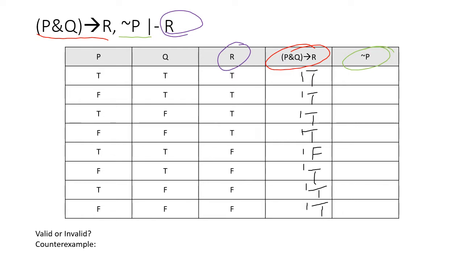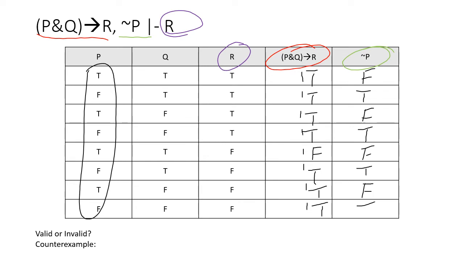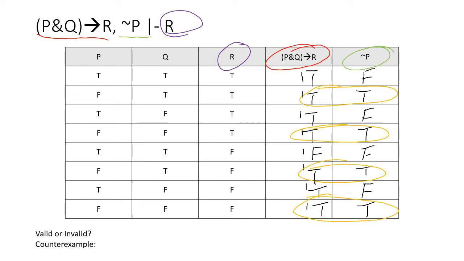Now for this tilde P, all we've got to do is take these values and flip them over. So T's will become F's and F's will become T's. Now those are our two premises, so we can check for validity. So we're going to look for instances in which they're both true, and we can ignore lines in which they are not both true.